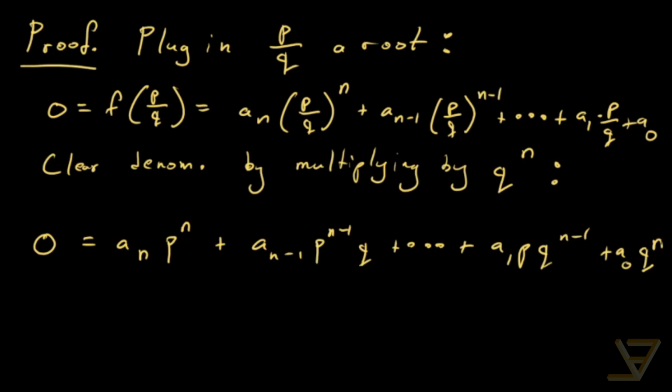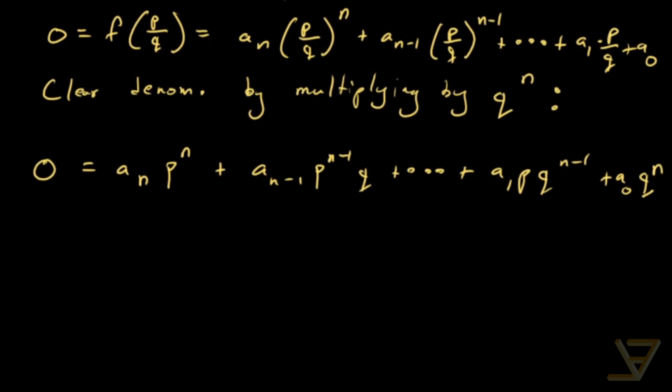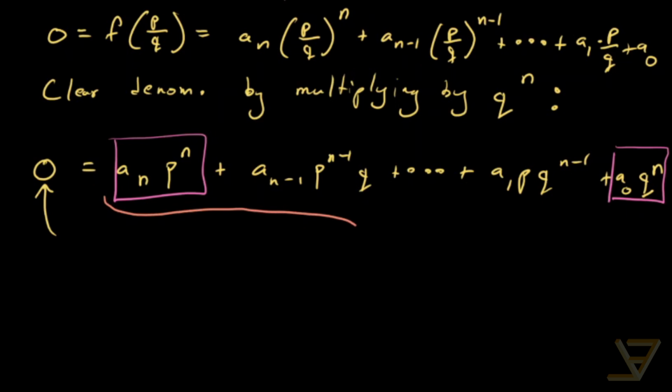Now, notice two things. Most of these terms have both p and q in them, but the first term doesn't have a q, and the last term doesn't have a p. And p and q both divide 0, which is on the other side. So if we take the first bunch of terms and we exclude the last term, we find that p divides all of them.